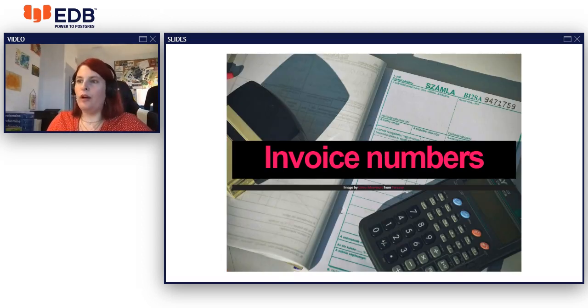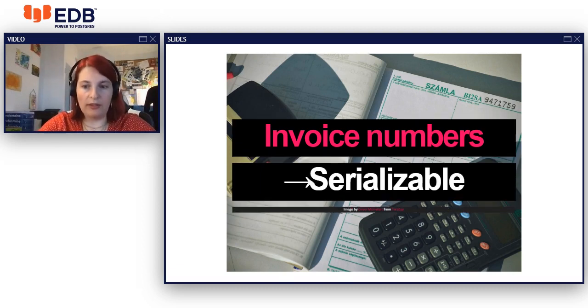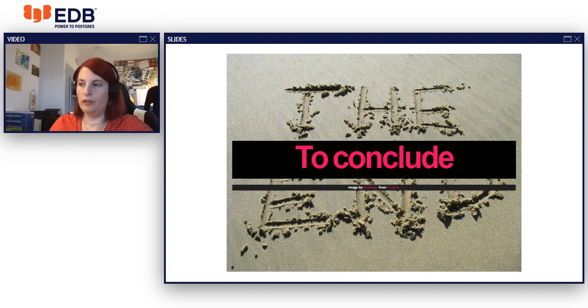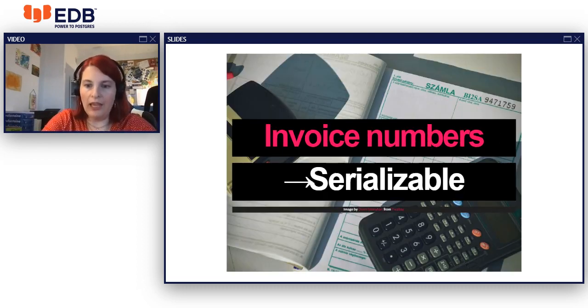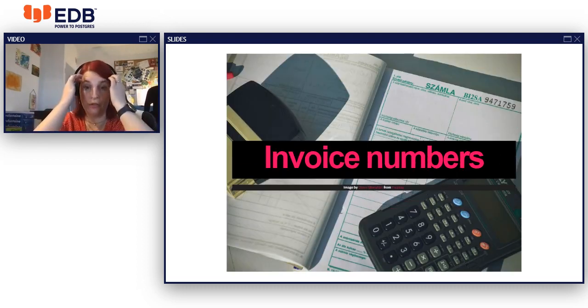Then the last one is invoice number. I don't know about other regulations, but in France, for an invoice number, you can't have holes in your sequence. That's one thing. And the second thing is you really need to be straightforward with the numbers.